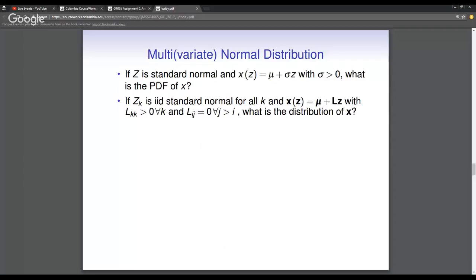How would we go about figuring out what the PDF of x is? How would we start the process? Write the vector z in terms of x, which would be what?